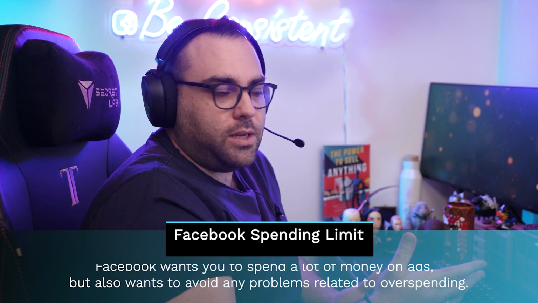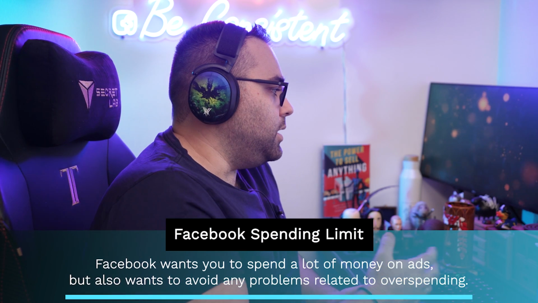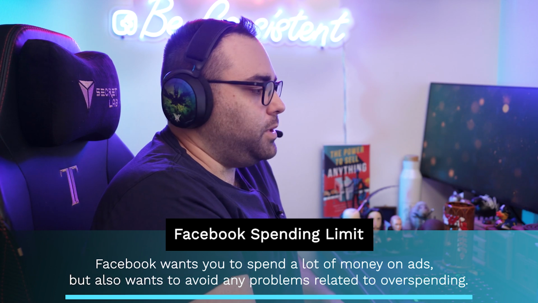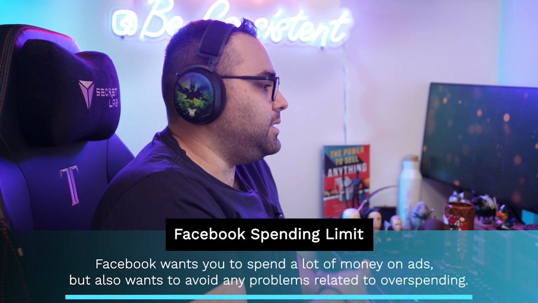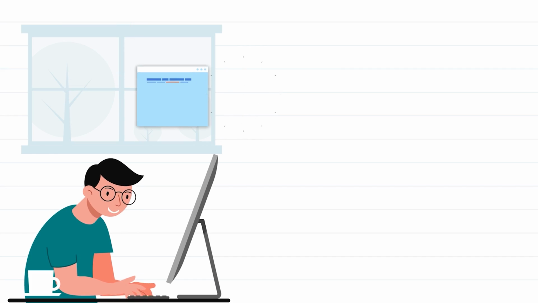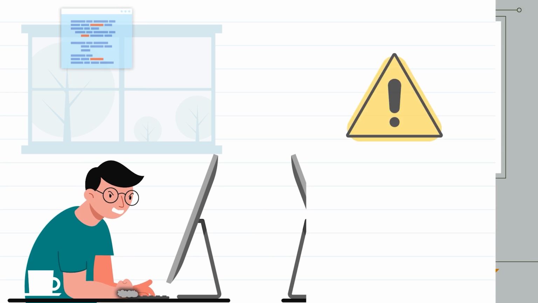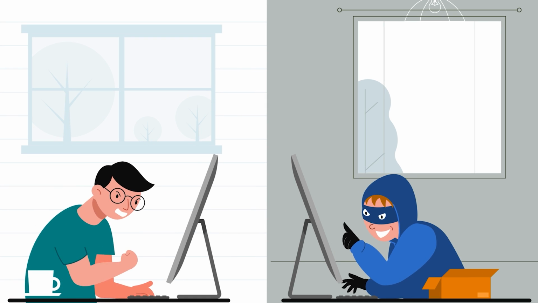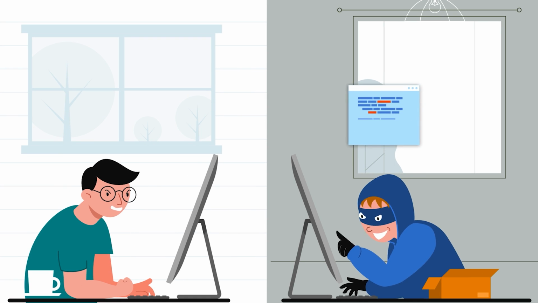The second safety reason is because, of course, Facebook wants you to spend a lot of money, but they don't want you to have issues because you're spending a lot of money. Another thing is that if your account ever gets hacked, which I hope it's not going to be, the people that hack it are going to spend as much of the money as they can, because it's not their money, it's your money.